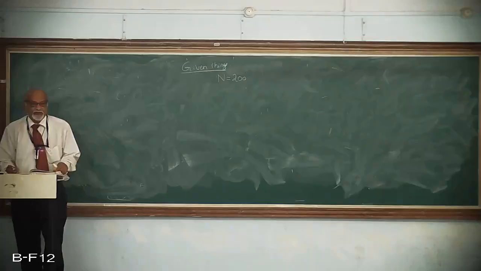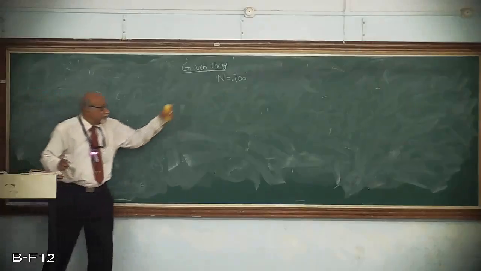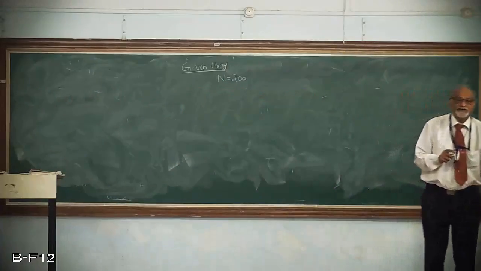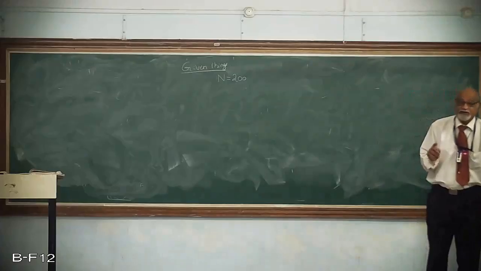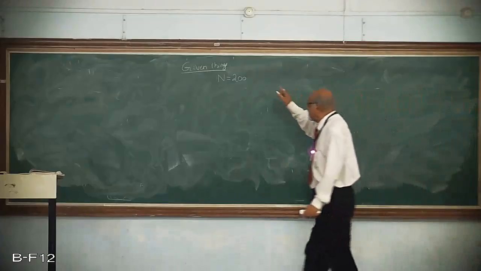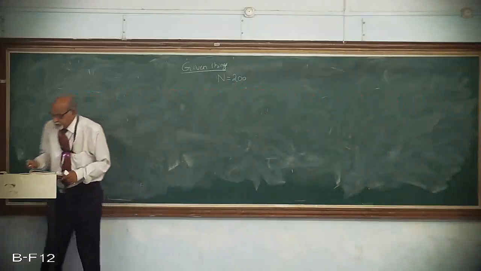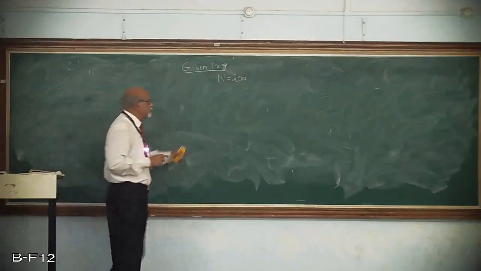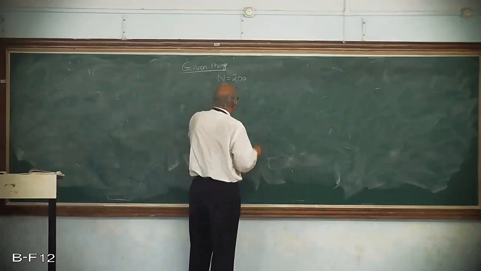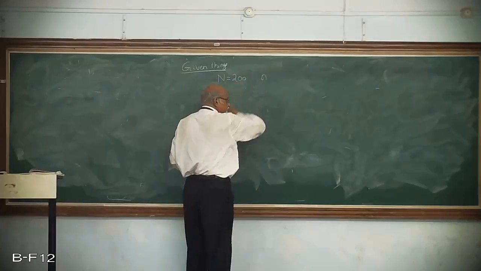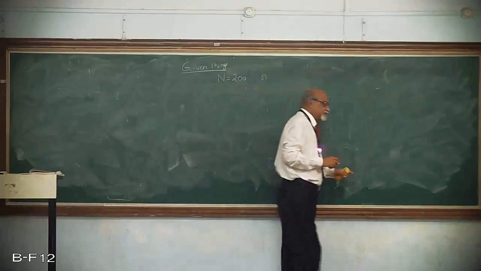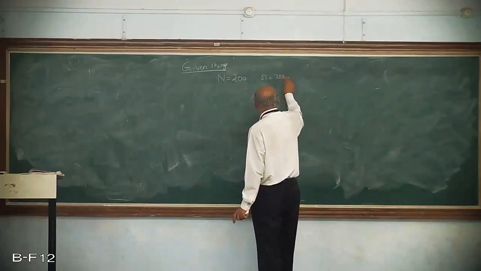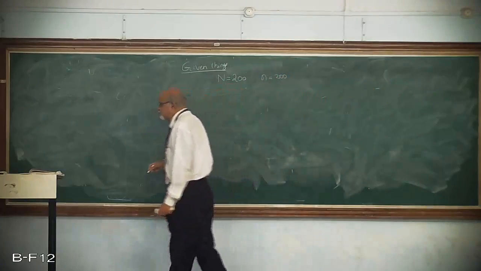The lots are given 100% inspection. There is no question of taking a sample out of this one. This itself will now become the sample size because it is given 100% inspection. Don't get confused with that, because usually the lot we represent by capital N and the sample size by small n. So in this case, 100% inspection is given, then the lot size itself will become the sample size, n equal to 200.